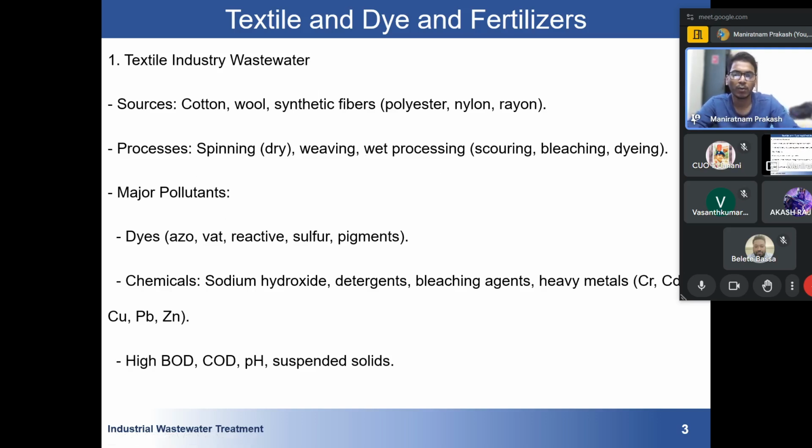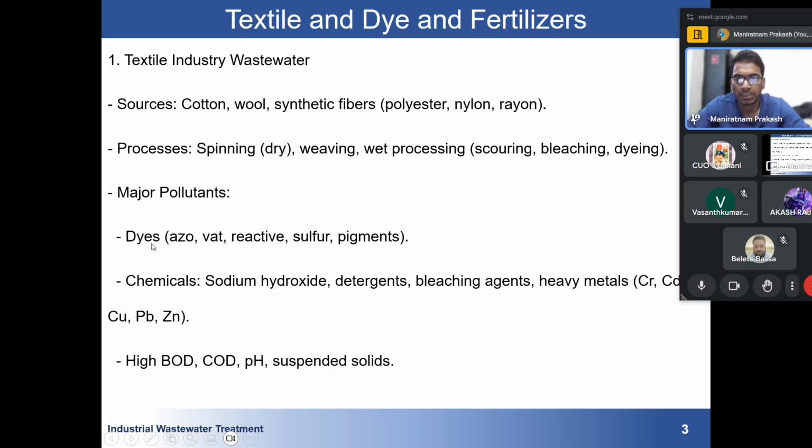The major pollutants are dyes. We know that we have to color our cloth depending upon demand. The dyeing and bleaching processes are wet processing, so they involve a large amount of water, and a huge amount of wastewater is produced.